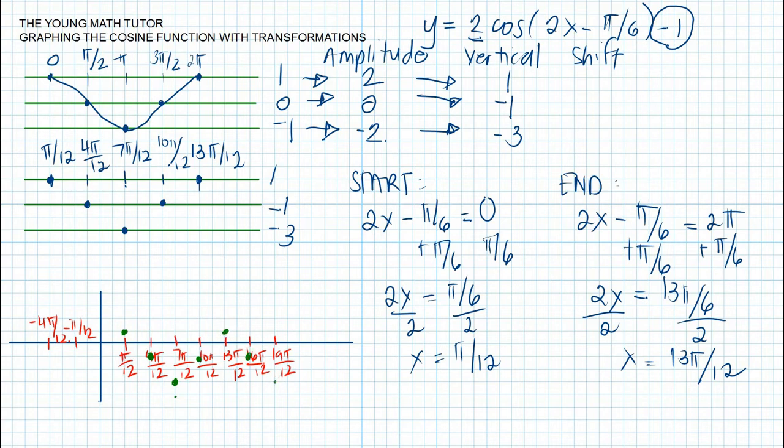And at 13 pi over 12, the value is 1. Now, this will just repeat to the left and to the right. Now, let's connect the points, and this will be the graph for the transformed cosine function.